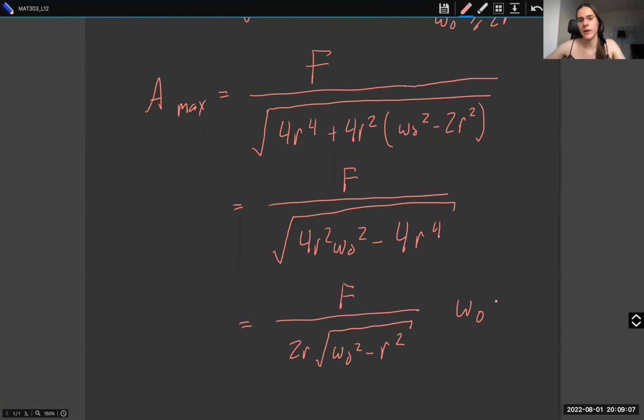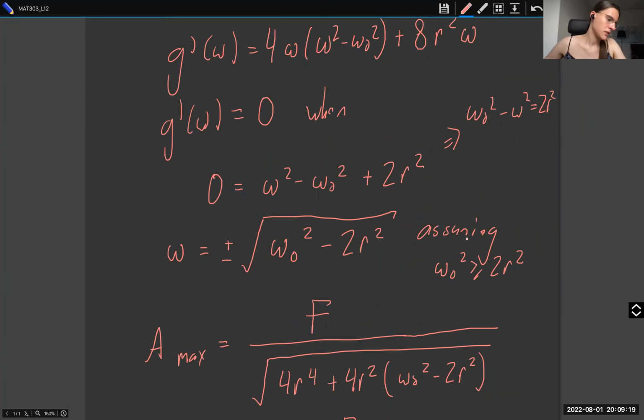So omega naught squared, but it will only happen if we have this stronger case as well.